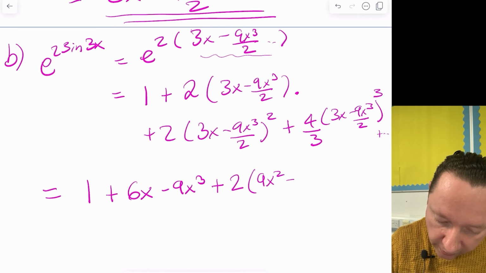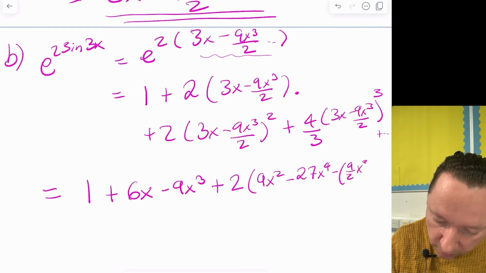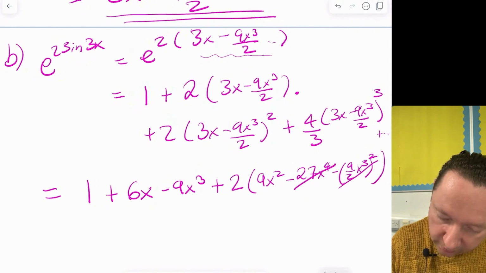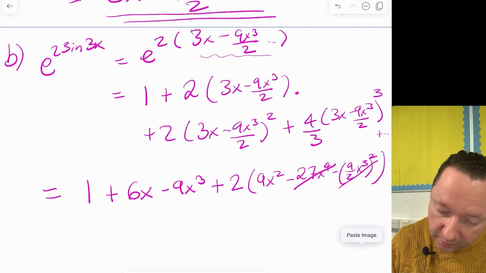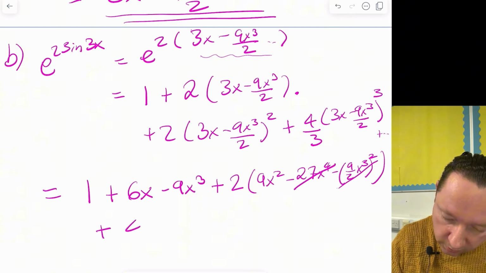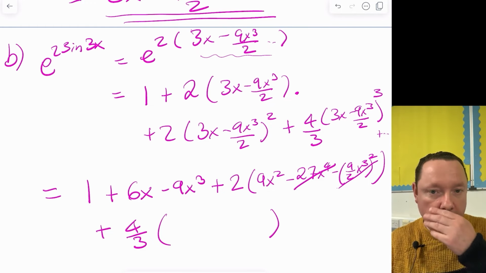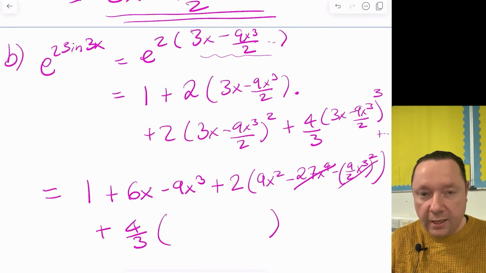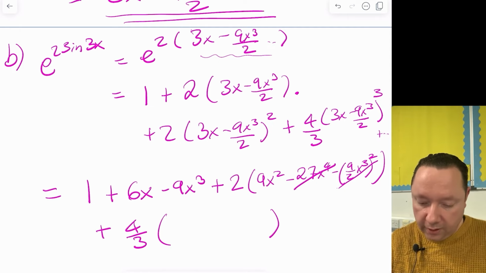So minus 27x to the 4, which you can just ignore, and then minus 9 over 2 x cubed squared, because you can just ignore that one anyway, and you can ignore that one. So that gives you that to expand, plus 4 thirds. And then you're cubing everything, so you get cubed, and then you get squared, squared, cubed again.